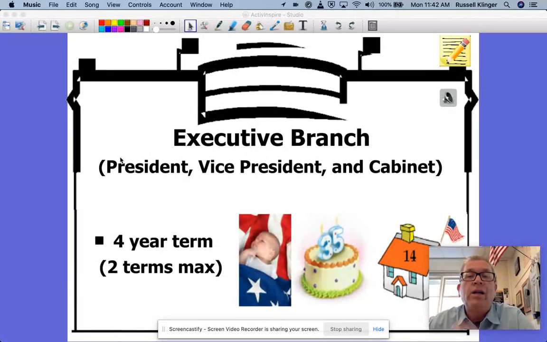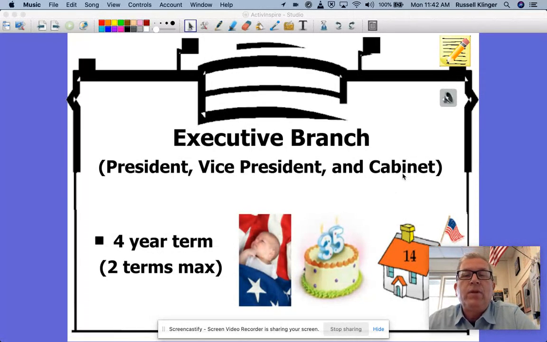So since we're talking about Washington, and we know that Washington was the first president of the United States, obviously, I hope that we know that. The executive branch, which is another branch of our government, makes up basically the president, the vice president, and the members of what we call the president's cabinet. These are people who you could consider to be like advisors or heads of different departments of our nation, okay?